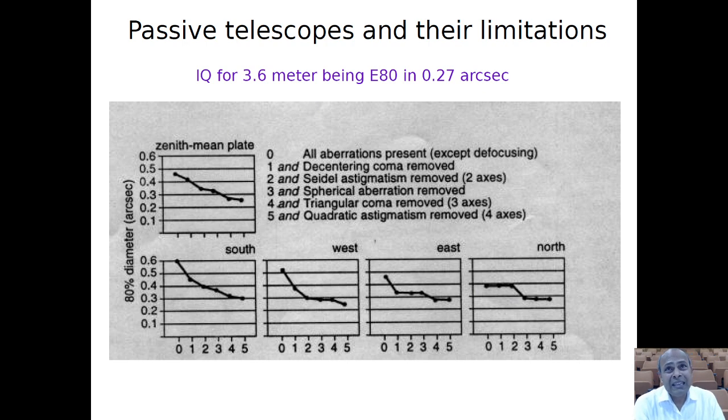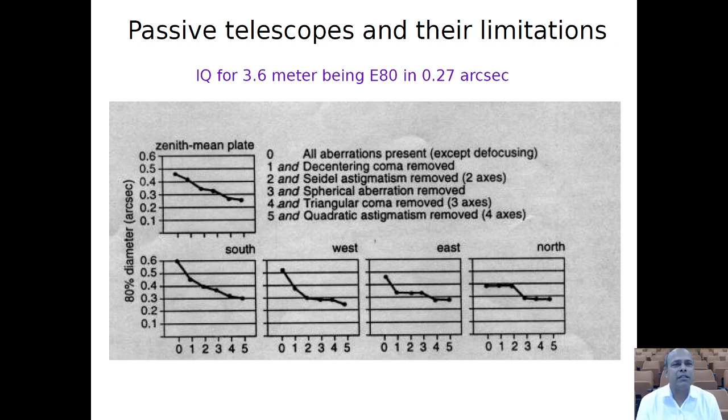But in this telescope it is very difficult to retain this 0.27 arc-second E80 parameter in different directions, because these adjustments are made offline, by placing the telescope in a certain direction, and not online. So this is a major limitation of the passive telescope.